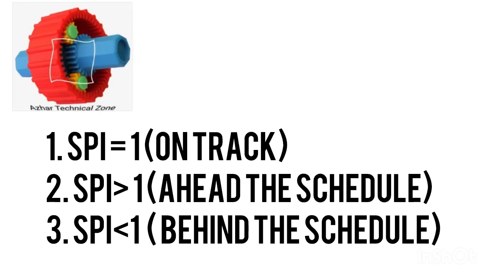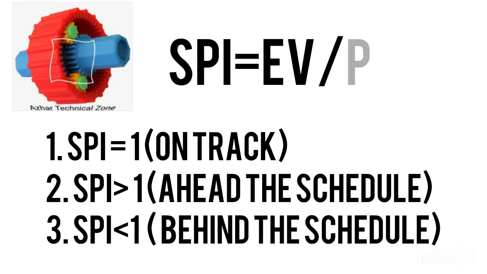So there are three conditions to measure and assess the schedule. The first condition is, if the Schedule Performance Index is equal to 1, it means your project is on track. I will tell you how it becomes 1. Our formula is earned value divided by planned value. Earned value means the actual progress, divided by the planned value.